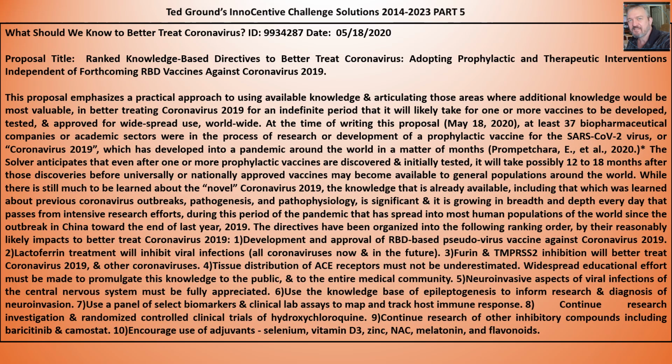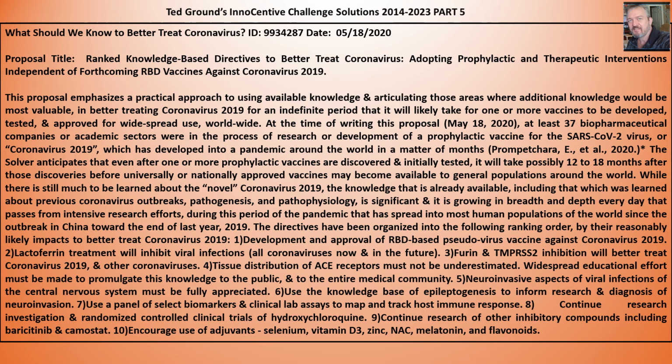because I suspected at the time, and it's been some years since this has all evolved and transpired, but I suspected at the time that it might take 12 to 18 months after discoveries of certain vaccines before they were universally or nationally approved and available to general populations.